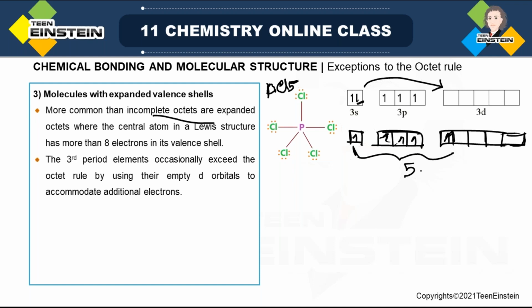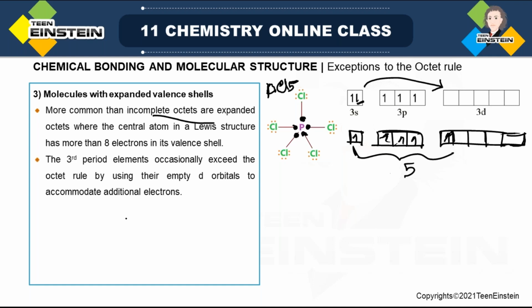All these 5 unpaired electrons can now form bonds with 5 chlorine atoms. And if you are curious about chlorine, it has the configuration 3s2 3p5, 7 valence electrons. Out of 7, only 1 is used for the single bond with phosphorus. The rest, 6 electrons, are present as 3 lone pairs. Same for each chlorine.